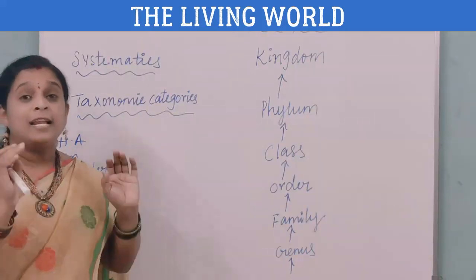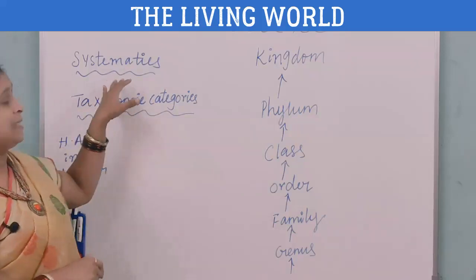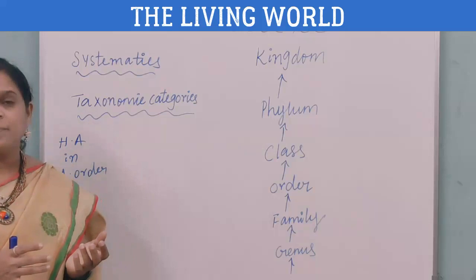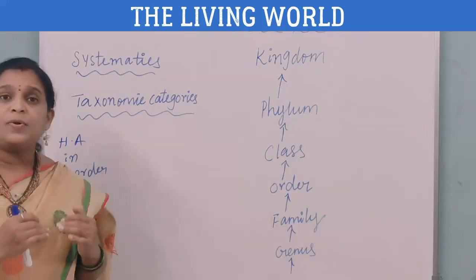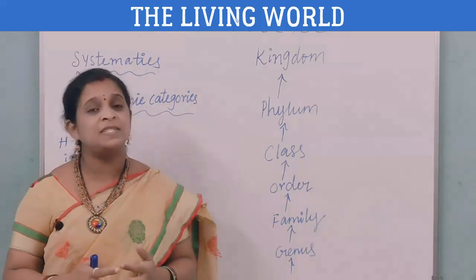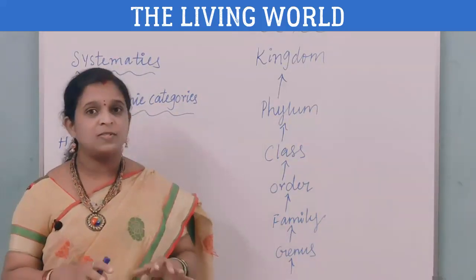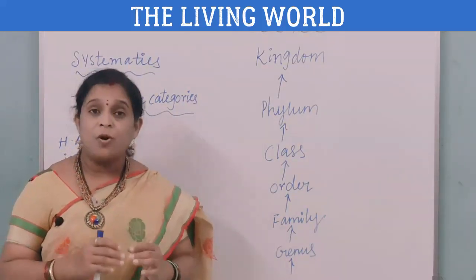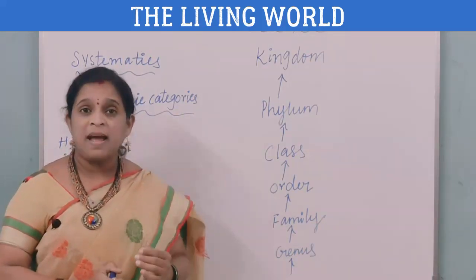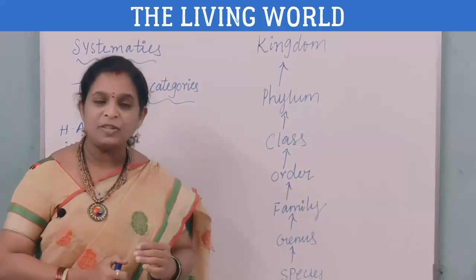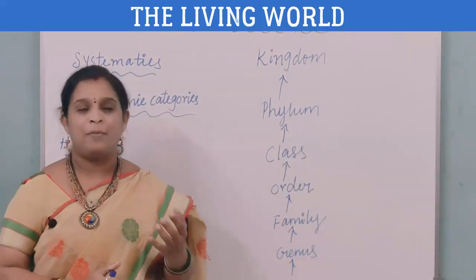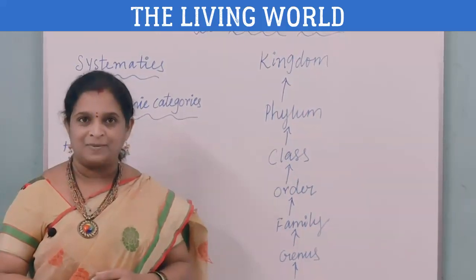Okay children, let us get into the word systematics. Human beings, since a long time, have been interested not only in knowing about the different organisms and their diversity in this environment, but also the relationship among them. So systematics is the study of living organisms and their relationship with other organisms, right?